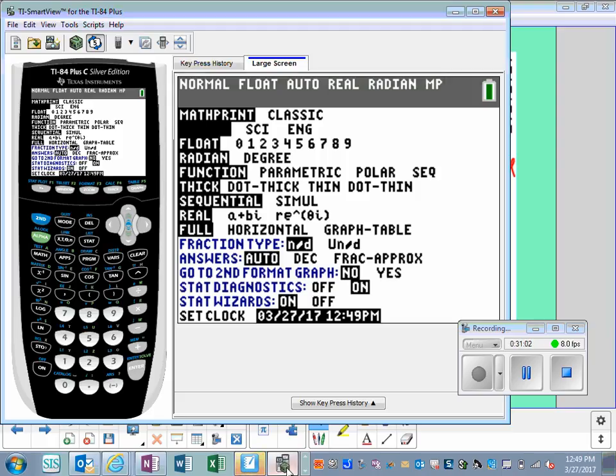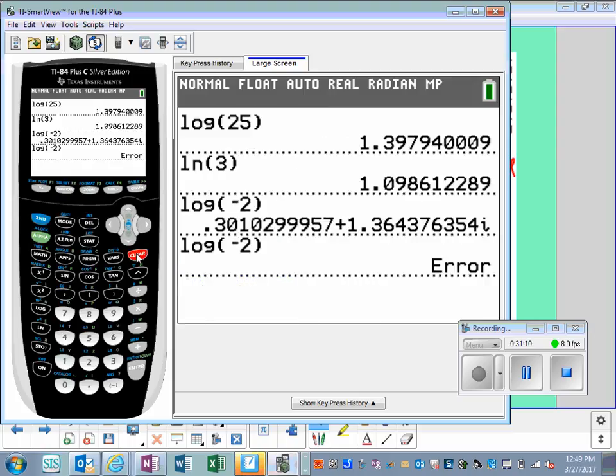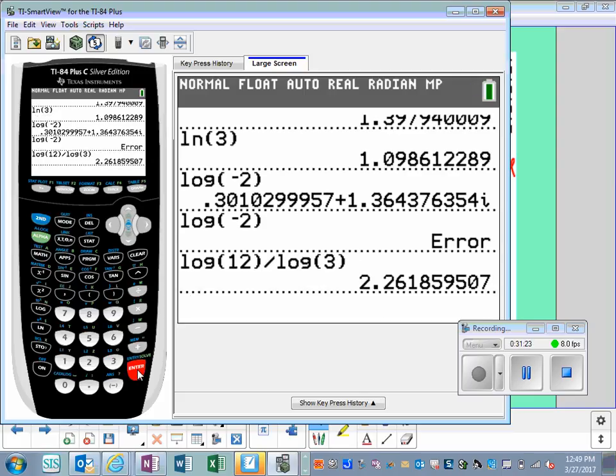Some calculators could do this. So what I need to do is enter natural log of 12 divided by natural log of 3. See what I'm doing? Enter. 2.262.